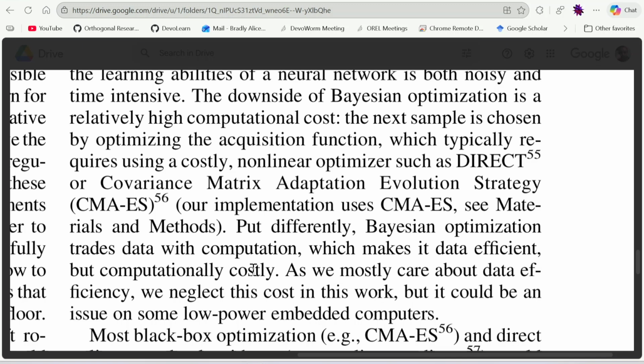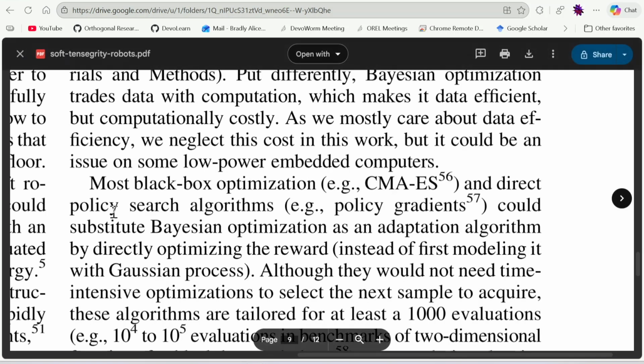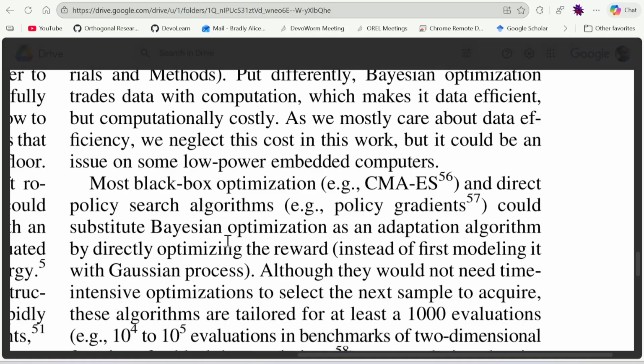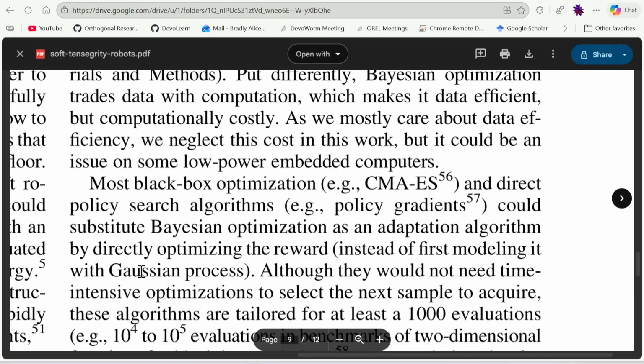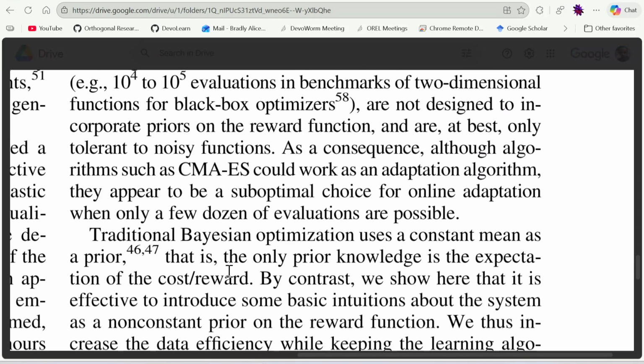We can split our problem up in that way. Most black box optimization and direct policy search algorithms, such as policy gradients, could substitute Bayesian optimization as an adaptation algorithm by directly optimizing the reward instead of first modeling it with a Gaussian process. And so this is all speaking to how to optimize the space.